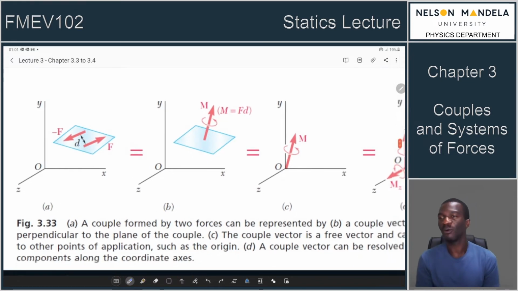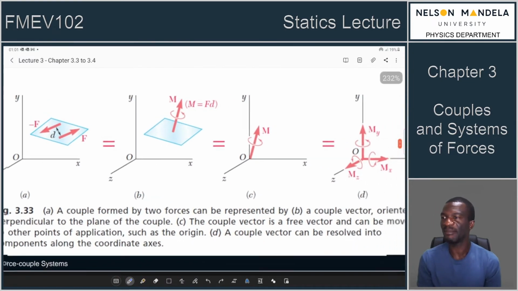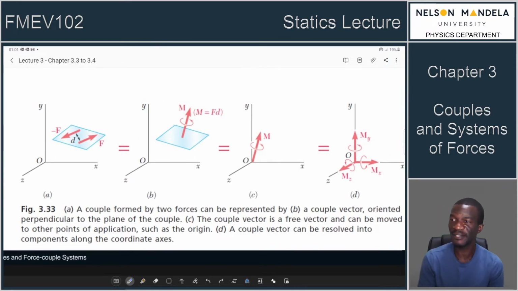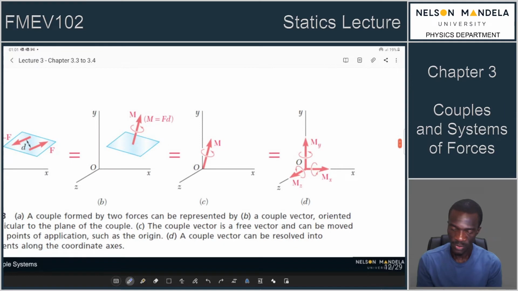So a couple formed by two forces can be represented by a couple vector oriented perpendicular to the plane of the couple. The couple vector is a free vector, so it can be moved to any other point of application, such as the origin. This couple vector has now been moved to the origin, so that it represents the couple that has been generated by those two forces.